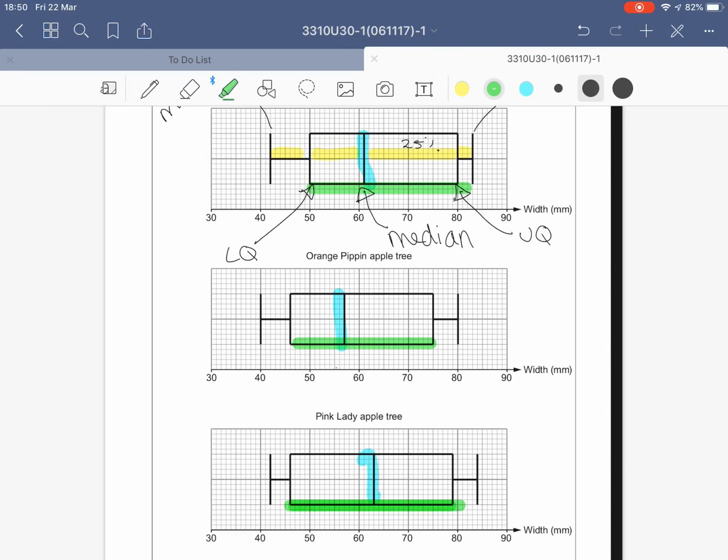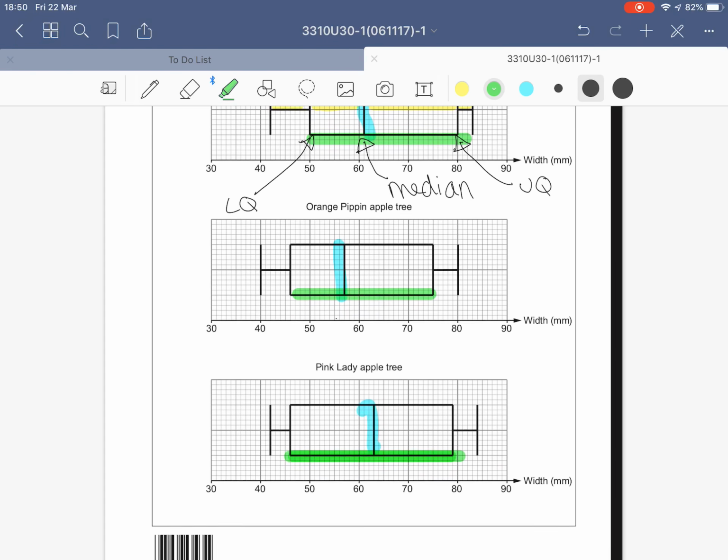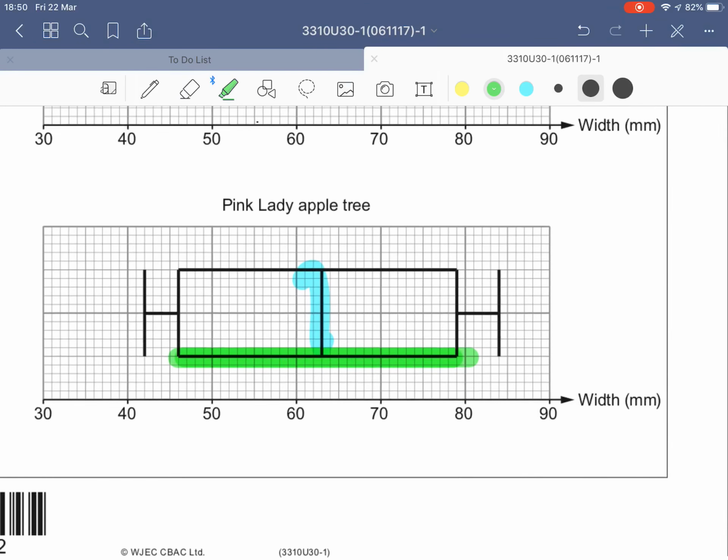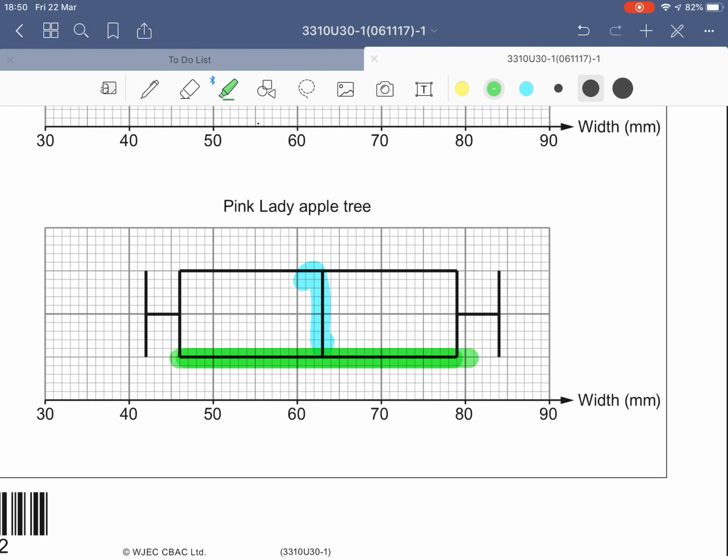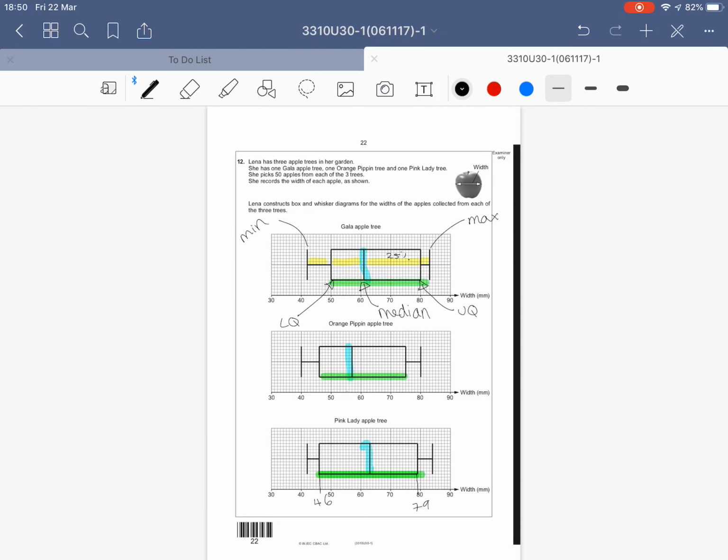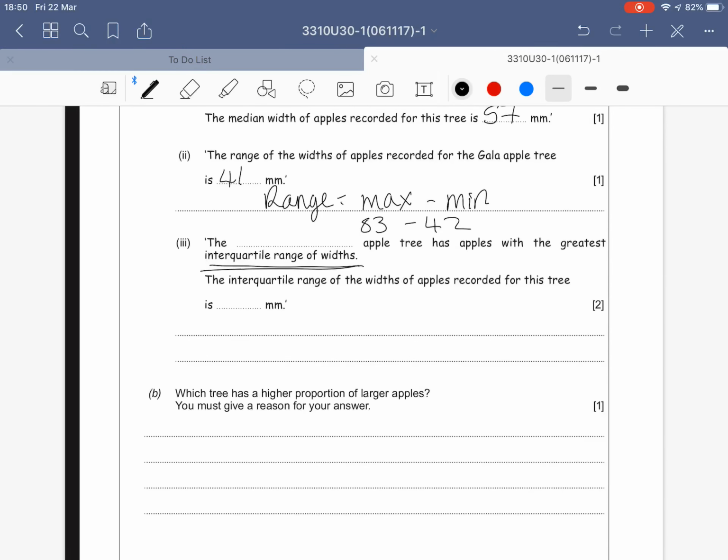That's 79. That there is 46. So 79 take away 46 is 33. So that was the pink lady, and it is 33.